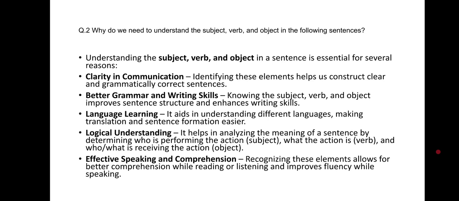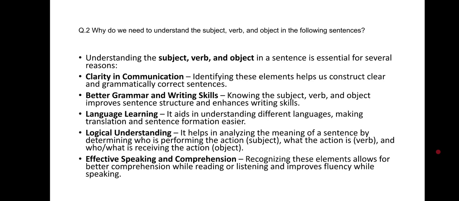Fourth reason, logical understanding. And last reason, effective speaking and comprehension. So let's understand these reasons one by one. Clarity in communication means identifying these elements helps us construct clear and grammatically correct sentences.